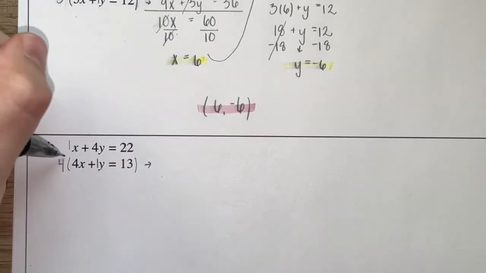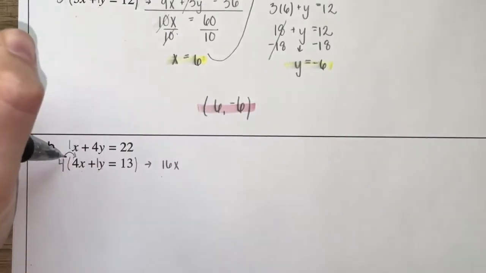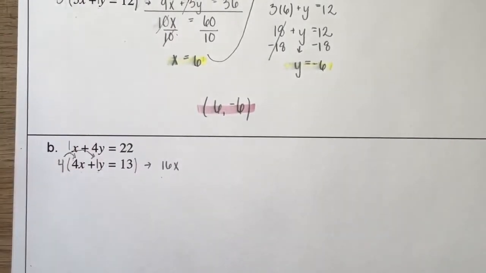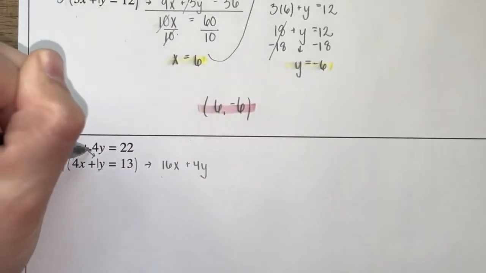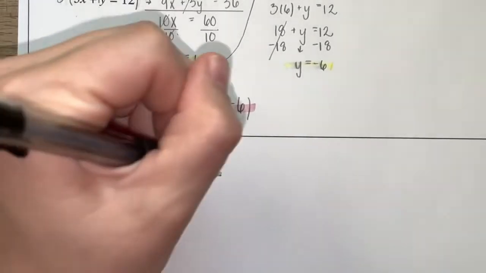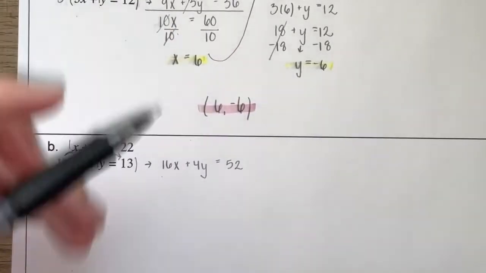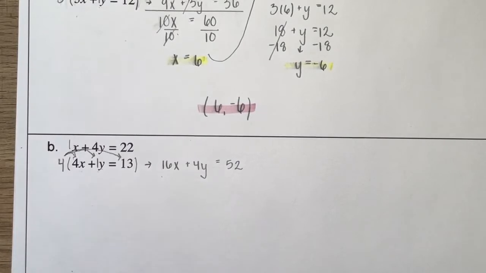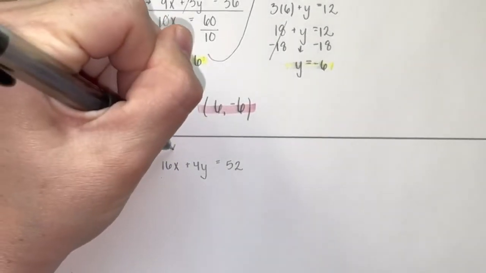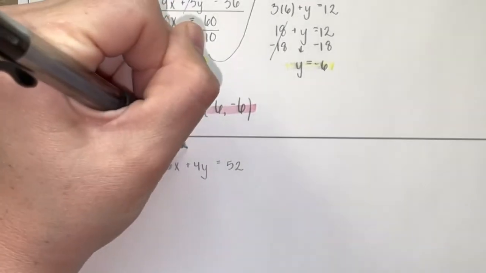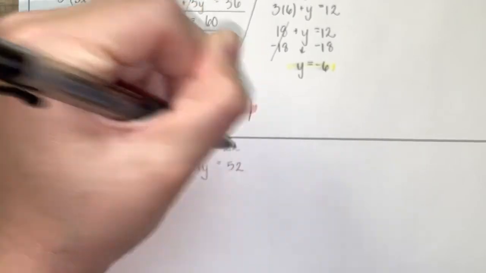So when I distribute it in, 4 times 4x becomes 16x. 4 times y becomes 4y. And then 4 times 13 is 52, so equals 52. And then now this 4y matches with this 4y, so we can just rewrite this first equation over the top. So x plus 4y equals 22.